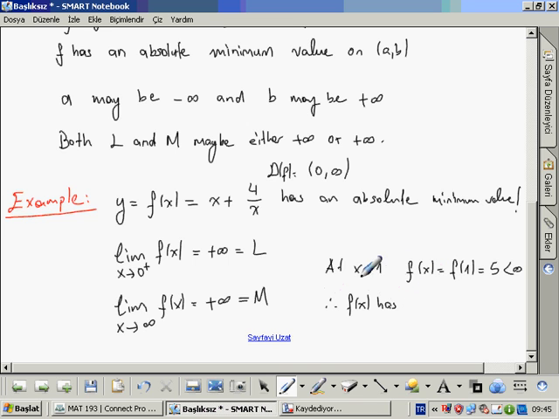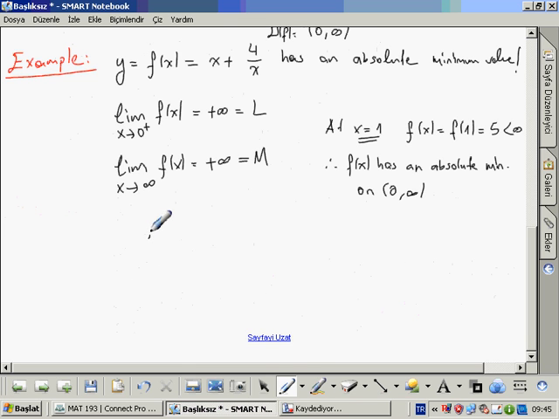We have just found only one point, and we can find lots of points, so we know that f has an absolute minimum on 0 comma infinity.